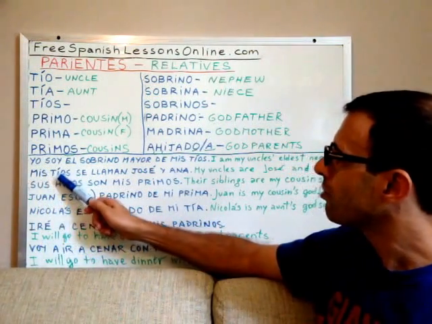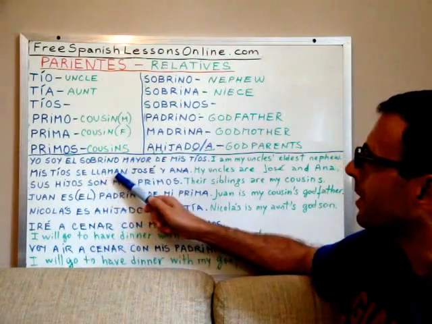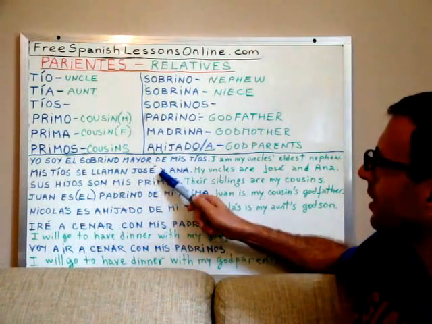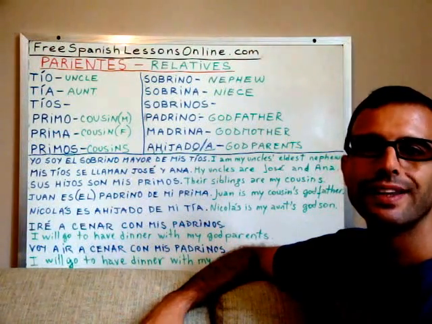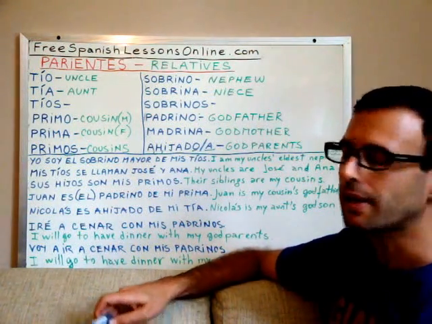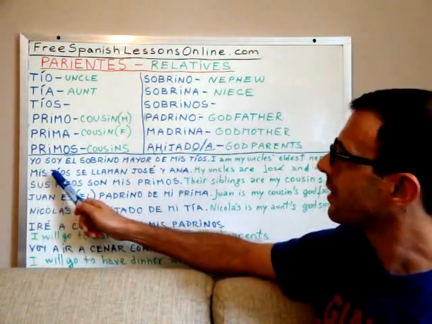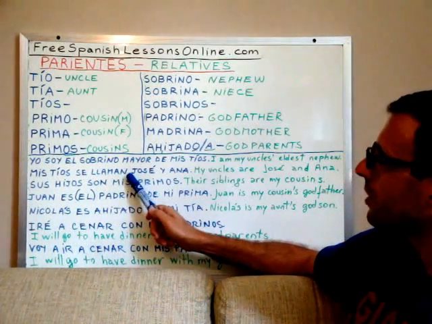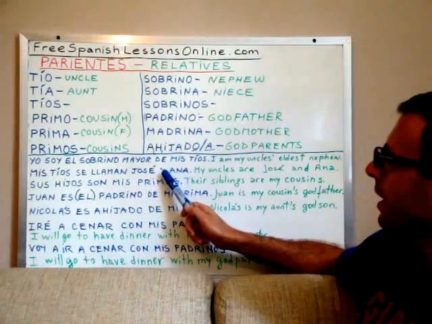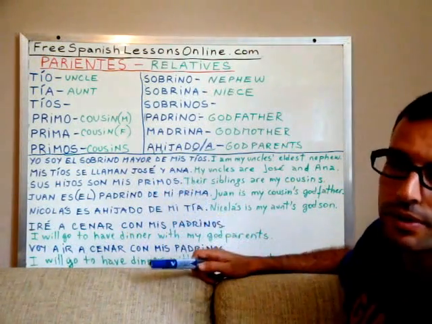Mis tíos se llaman José y Ana. My uncles are called José and Ana. Okay?